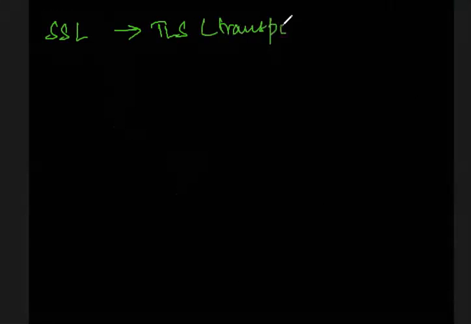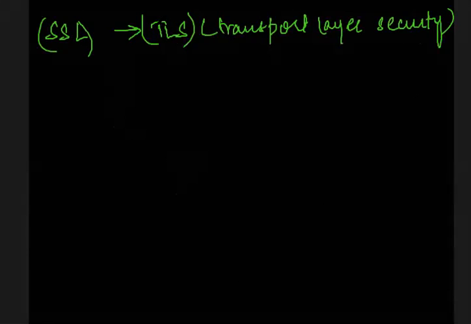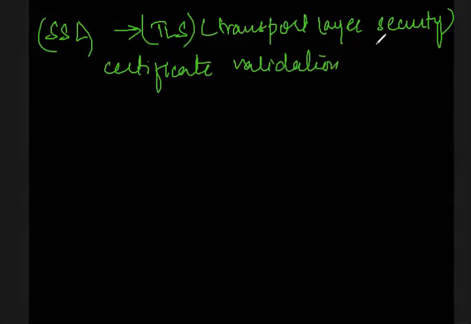The successor of SSL, it is your transport layer security. Both SSL and TLS are designed to do certificate validation. Certificate validation is done so that you can identify that the channel you're using is secure.